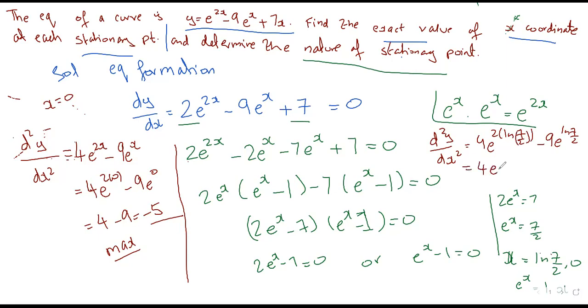Obviously you can use a calculator, but this 2 would come over here as a power, so this would be cancelled and this is going to be minus 9 into 7 by 2. This is going to be 4 into 49 by 4 minus 63 by 2. 4 and 4 would be cancelled, the answer would be positive, and this is going to be a minimum point.